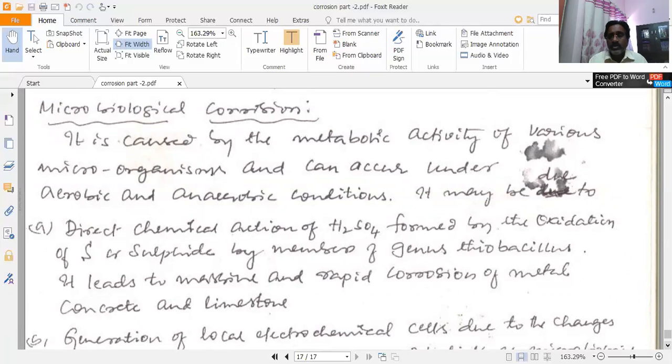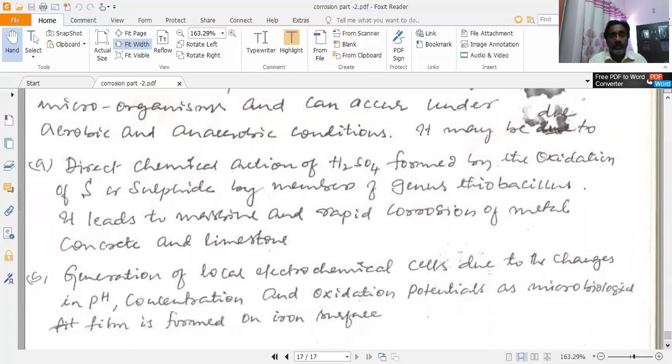It leads to massive and rapid corrosion of metal, concrete, and limestone. Second one is generation of local electrochemical cells due to changes in pH, concentration, and oxidation potentials as a microbiological film is formed on the iron surface.